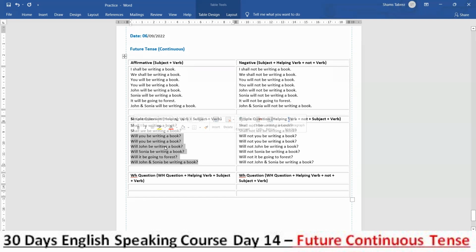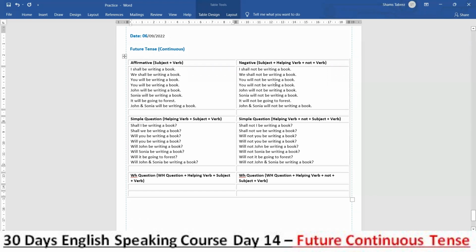Read out these three questions. Question: shall I be writing a book? क्या मैं book लिख रहा हूँगा, because this is future, right? Yes, I shall be writing a book.